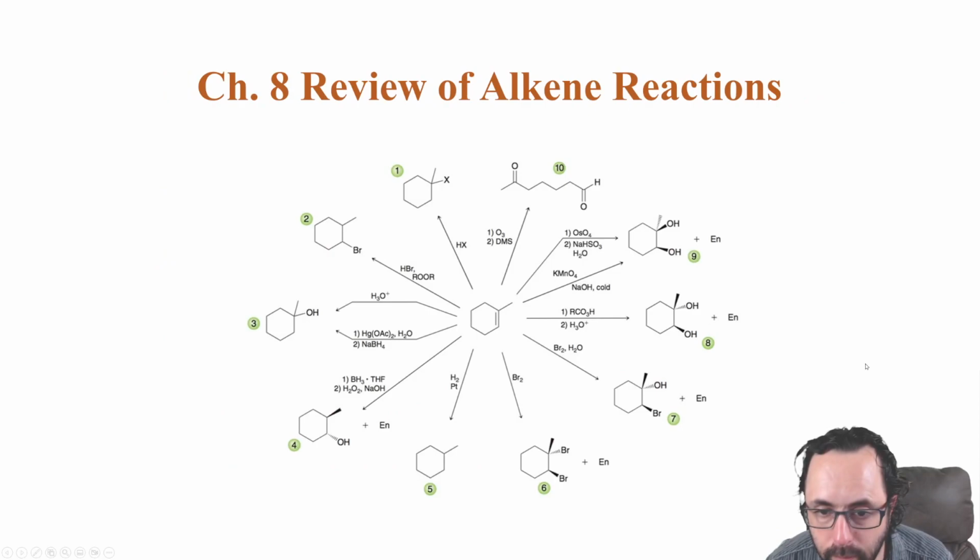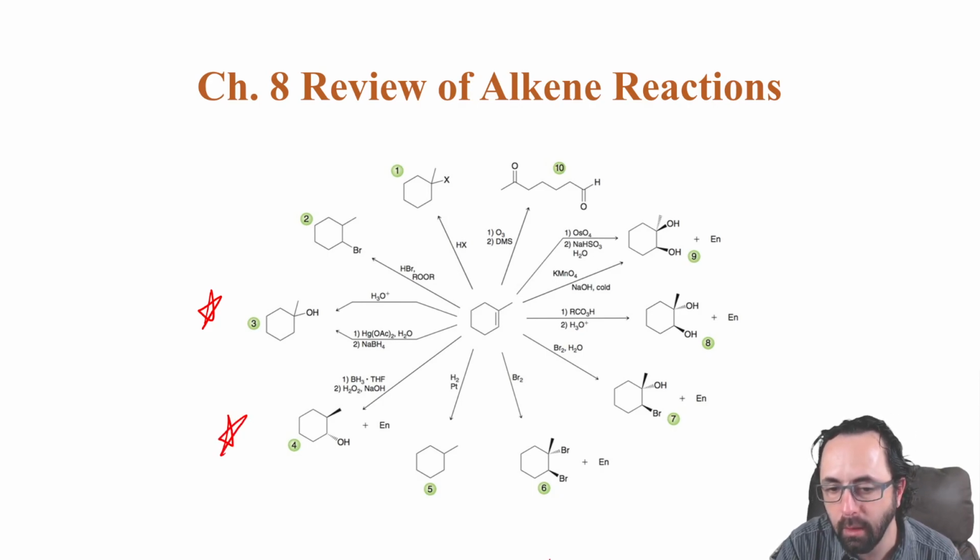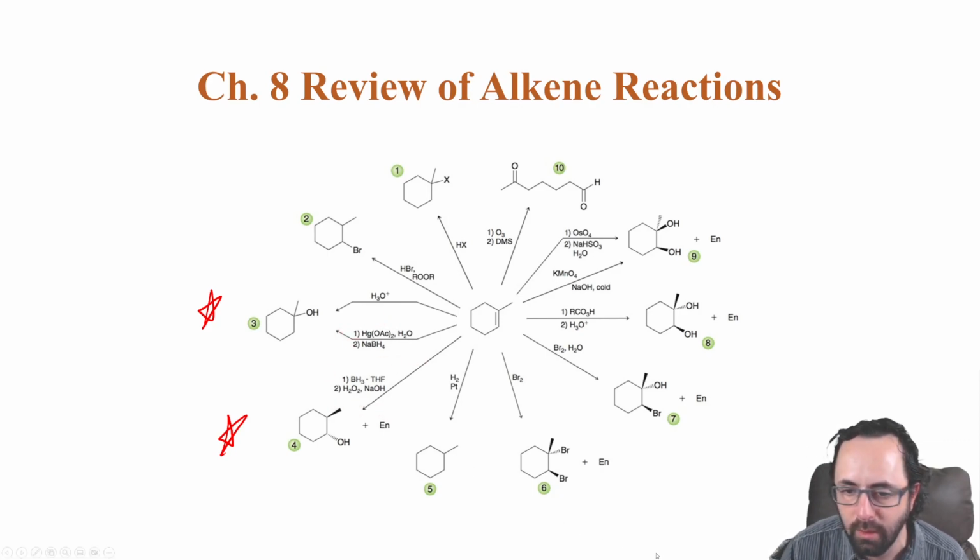So here, let's review each of the reactions. In terms of mechanisms, we discussed the mechanisms for the hydroboration-oxidation and the acid-catalyzed hydration. We discussed the mechanisms for the oxymercuration-demercuration, the hydroboration-oxidation.